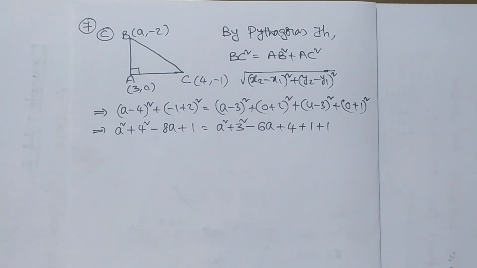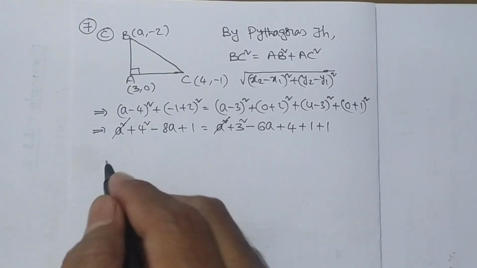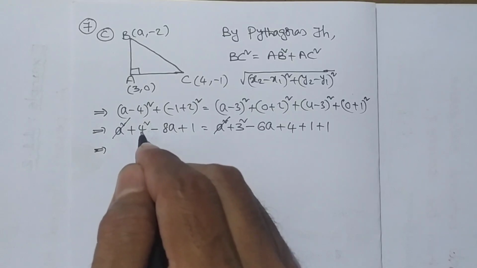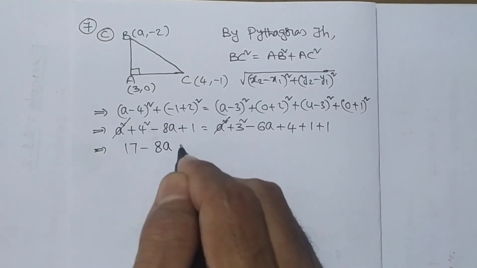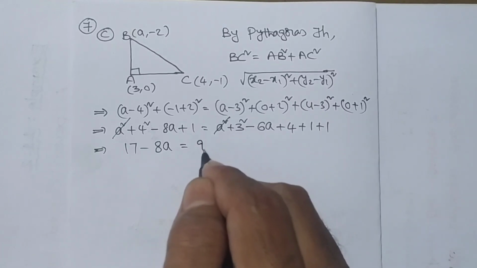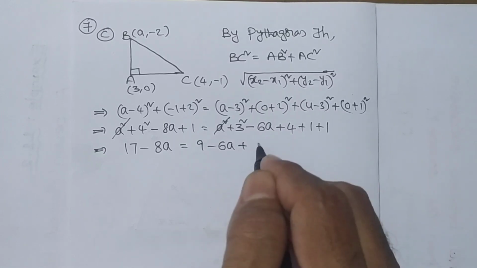Clear? Now here, these a squares get cancelled. Now let us write the remaining values. 4 square is 16 plus 1 is 17, so 17 minus 8a. This is 9 minus 6a. 4 plus 1 is 5, 5 plus 1 is 6.